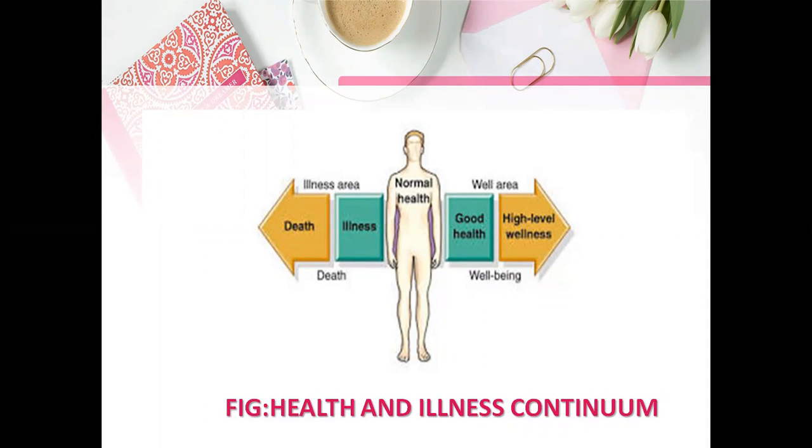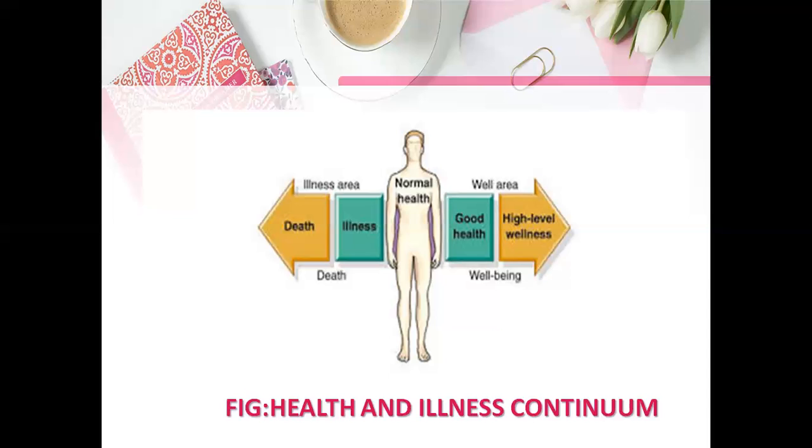At one point of time, as an individual, me myself, in the morning I might feel healthy, but in the evening I might feel sick, I might have fever, I might have many other different symptoms. So we are always in between these two points. At one point we can have very good health, then suddenly we might deviate to illness, or if it continues, it might even lead to death.